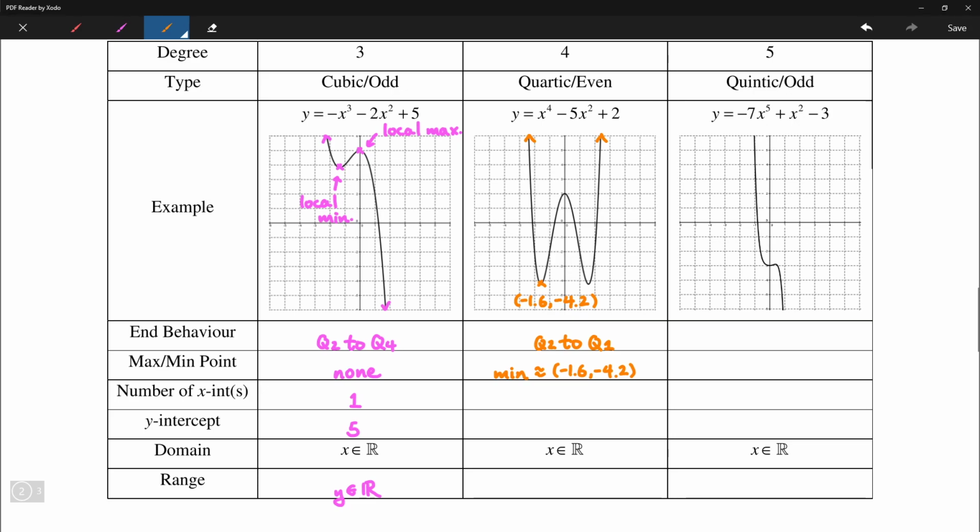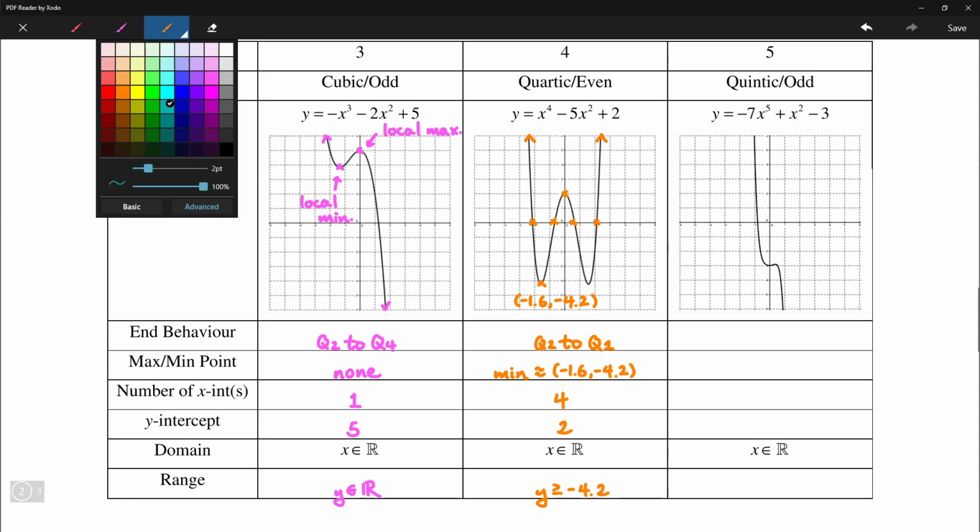The number of x-intercepts is 4. A quartic function is degree 4, and it can have up to 4 x-intercepts. It can have 0, 1, 2, 3, or 4 x-intercepts, in fact, depending on the actual function. The y-intercept is 2, and the range, we can see here, is y greater than or equal to negative 4.2, again, approximately.